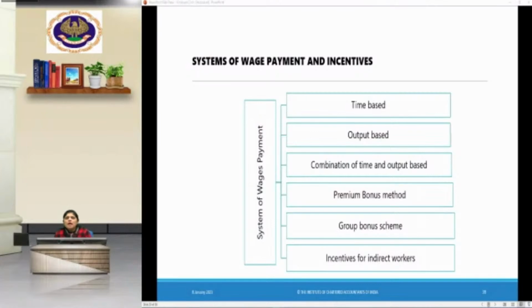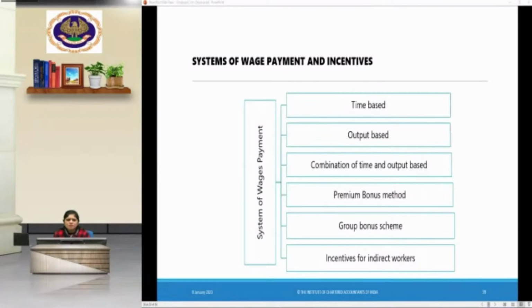When we pay monetary, we have the basic wage structure, and also the overtime, the bonuses, and the premium we give to workers if they are more efficient. If workers are more efficient, we pay the bonus or premium to them. How we calculate those premiums, we are going to study in this session.